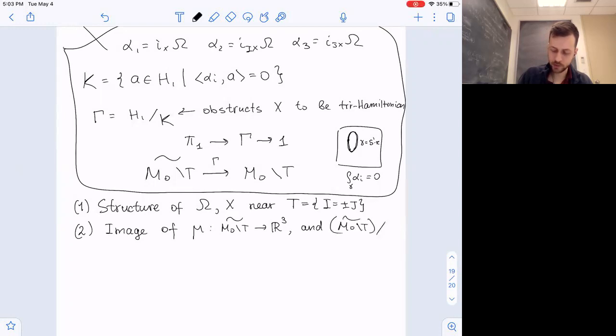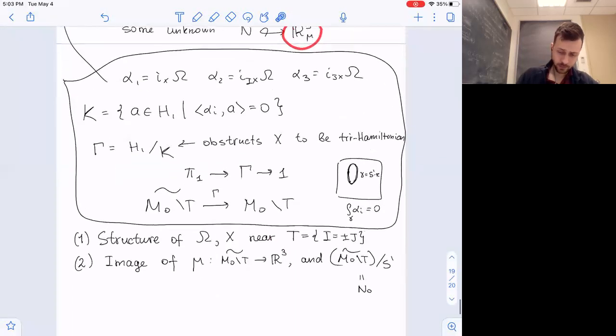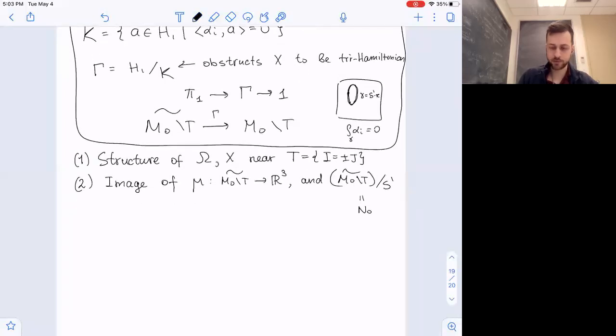So you have this free S1 action, and how is it related to this quotient space, which we call N0. What will happen at the end of the day is that this quotient space must be entire R3. So this unknown open map really makes N an open subset of R3, and this open subset is just a complement of a discrete set of isolated points in R3. And this is where we will heavily use both the soliton equation and the completeness property.